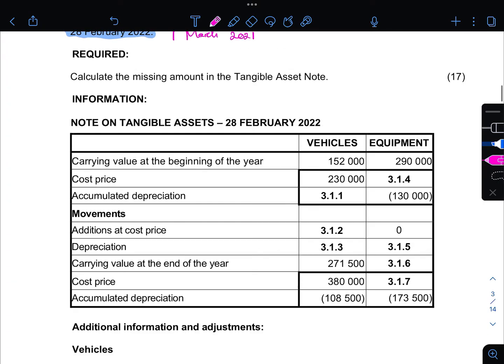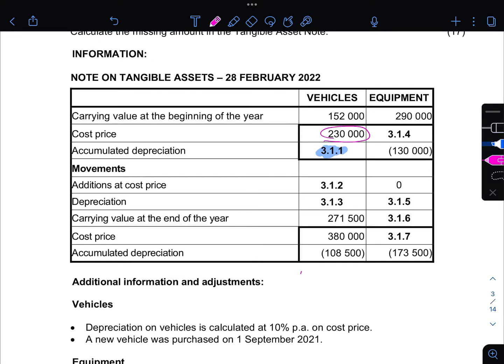3.1.1: we are supposed to calculate the accumulated depreciation. We are given the cost price of 230,000 and the carrying value at the beginning of the year. You know that carrying value is equal to cost price minus accumulated depreciation.